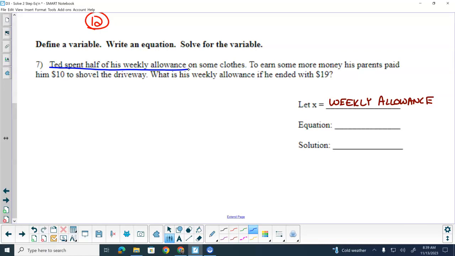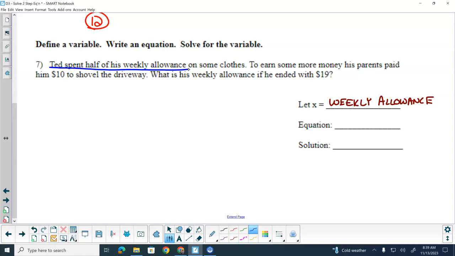What's my weekly allowance? 19. What's my weekly allowance? 10. What's my weekly allowance? I don't know. X is my weekly allowance. It's the only thing that we've done in the problem so far. Okay? X is my weekly allowance.